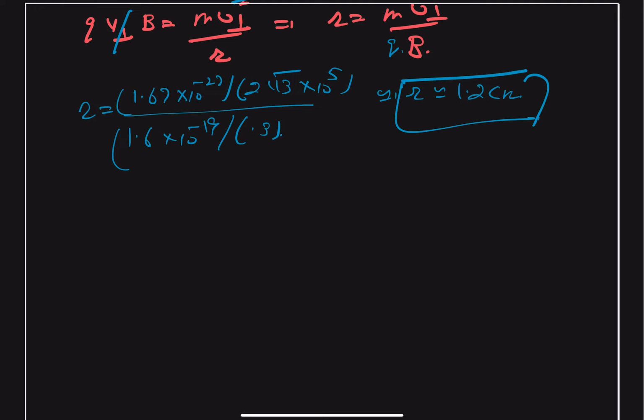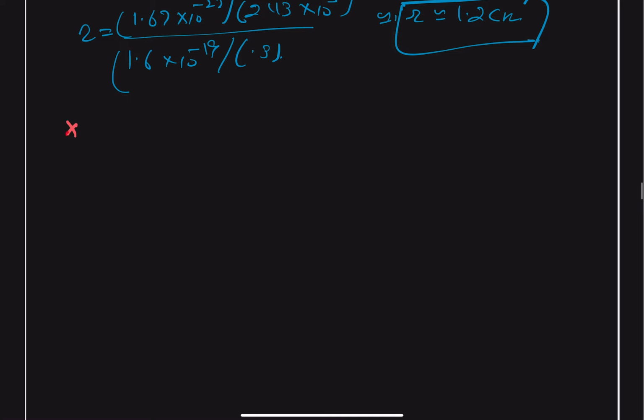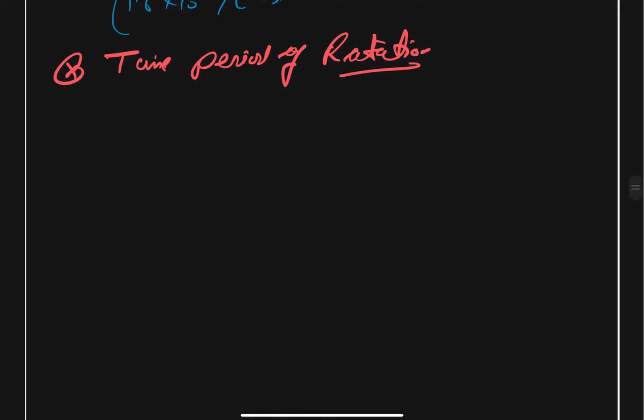Now we can find the time period of revolution. Time period of rotation, you can say that T is equal to 2 pi m divided by charge multiplied by magnetic field.